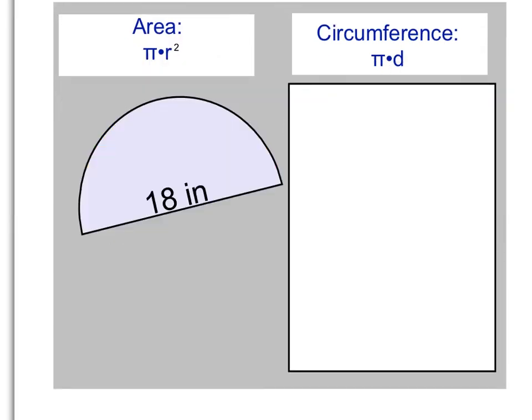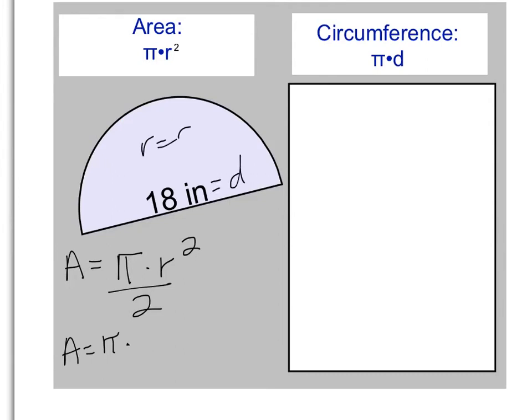How about area of a semicircle? To find area of a semicircle, we're just going to use pi times radius squared, since that's area, and then I want to just divide by 2 because a semicircle is half of a full circle. So pi times, if this is my diameter, then my radius is 9. Pi times 9 squared and divide by 2. So pi times 81 divided by 2.